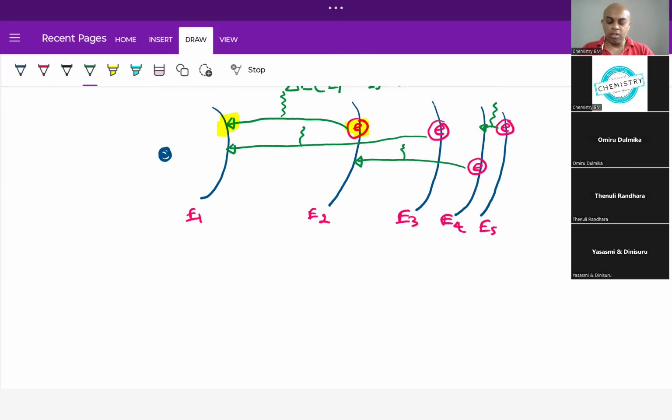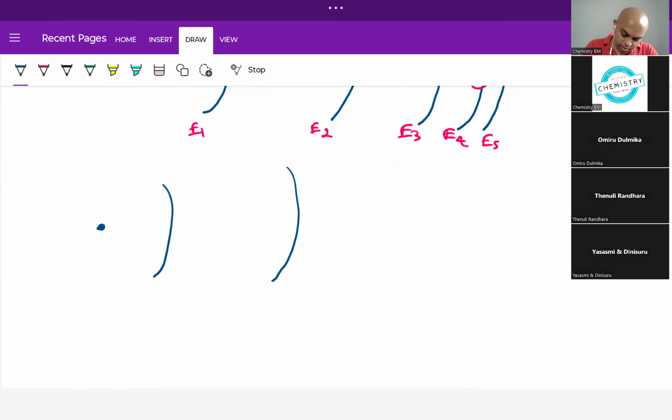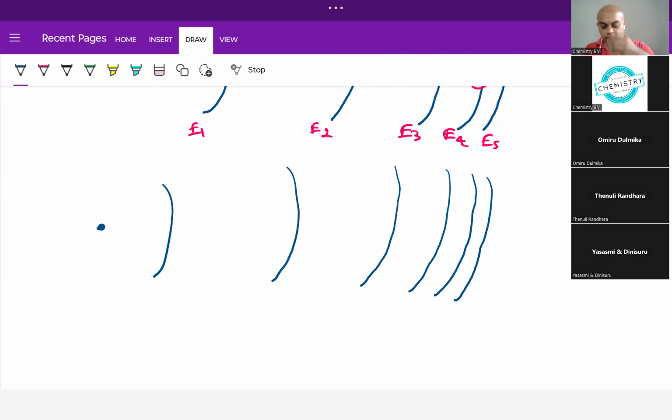According to the Planck equation, they release some frequency as well.